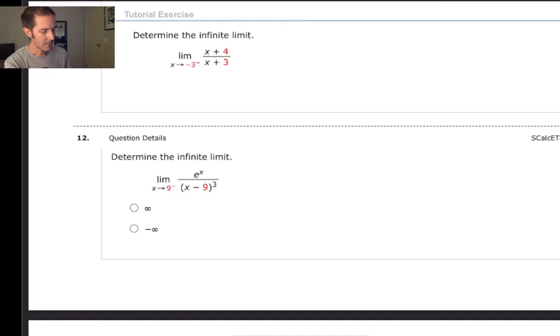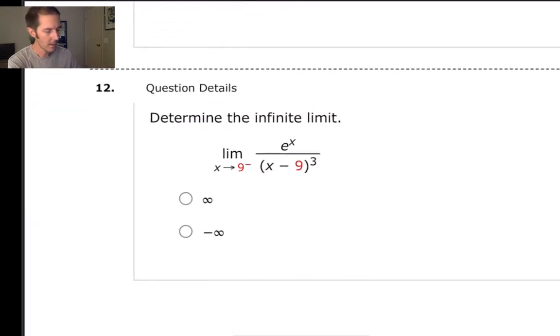Determine the infinite limit. So we want to know if this one's going to positive or negative infinity. And you know how you're supposed to do this. You could do it with a calculator, and you could evaluate this expression or this function using a number, and as x is approaching 9 from the left means you would want to use an x value like 8.999.